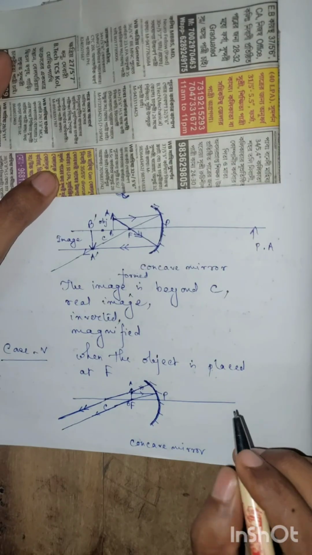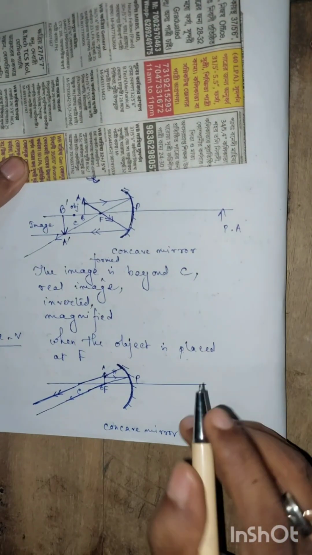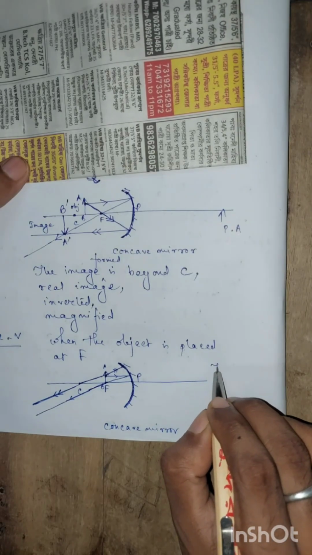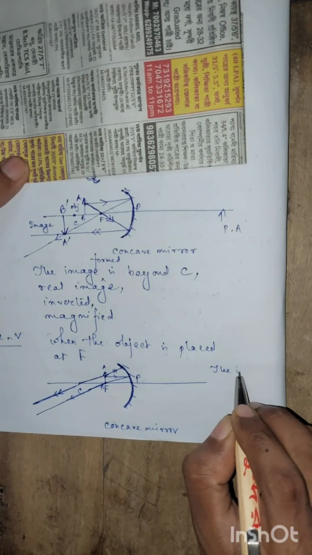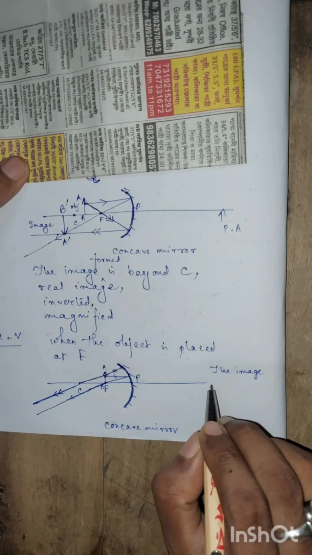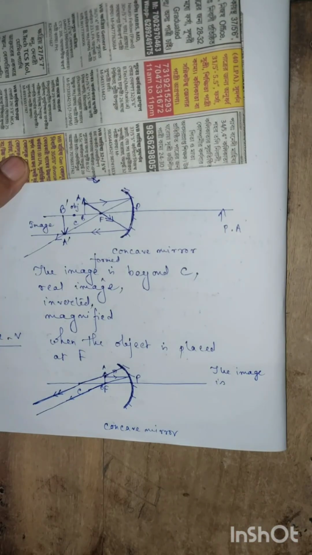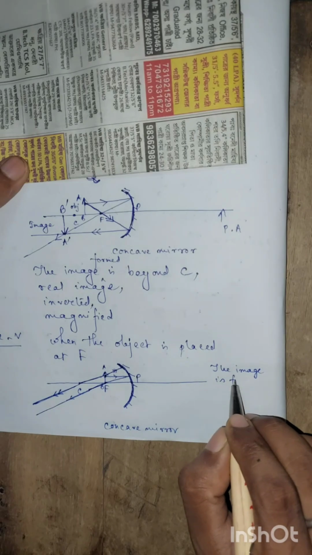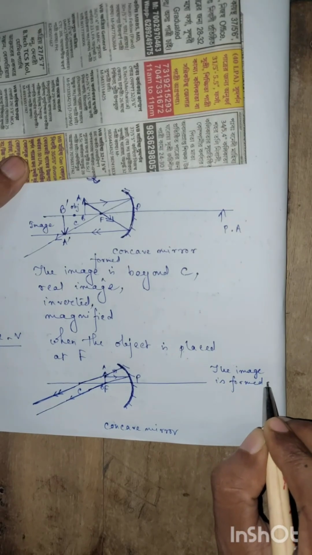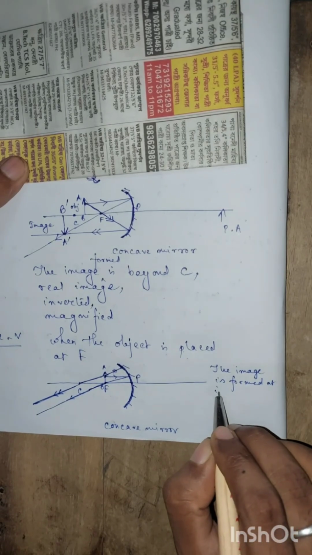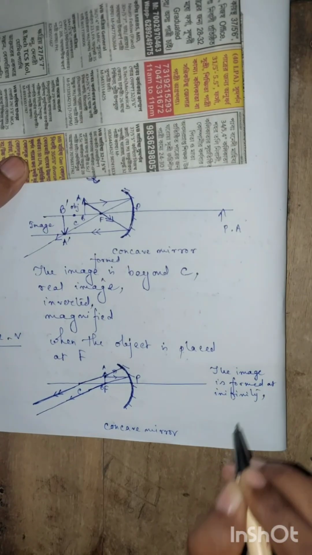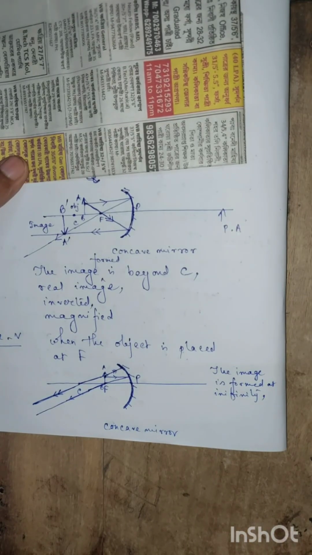So the nature of image, number one, the image is formed at infinity.